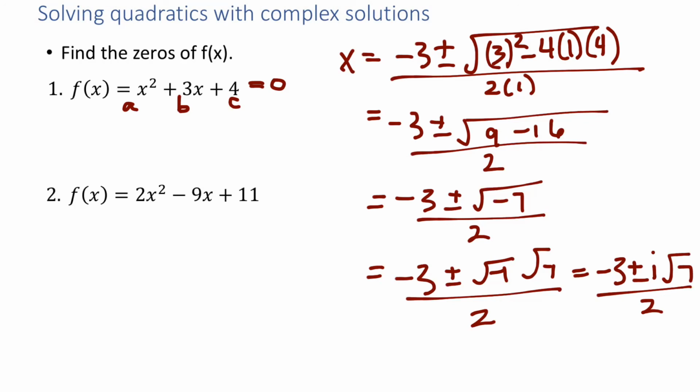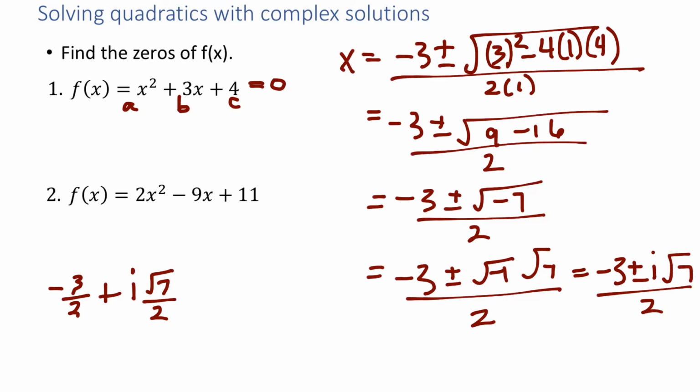All right, now let's go ahead and write it as 2 zeros. So one of the zeros is going to be minus 3 over 2 plus i times root 7 over 2.